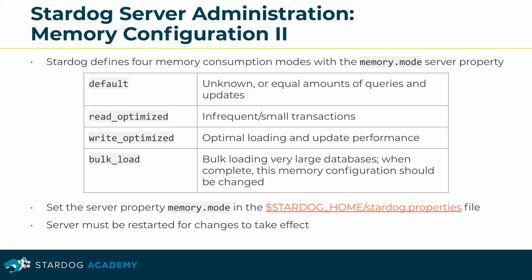Read optimized, which is for infrequent and small transactions. Write optimized, which is for optimal loading and update performance. And bulk load, which is for bulk loading very large databases. Once the database is loaded, the bulk load memory configuration should be changed. Note that the server must be restarted for changes to take effect.